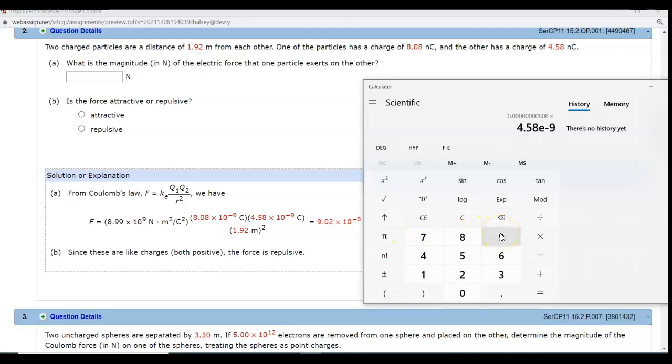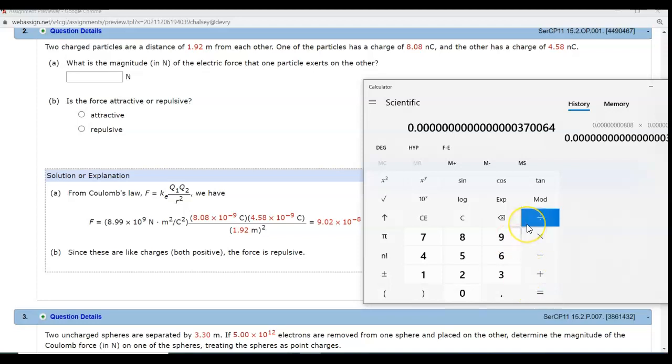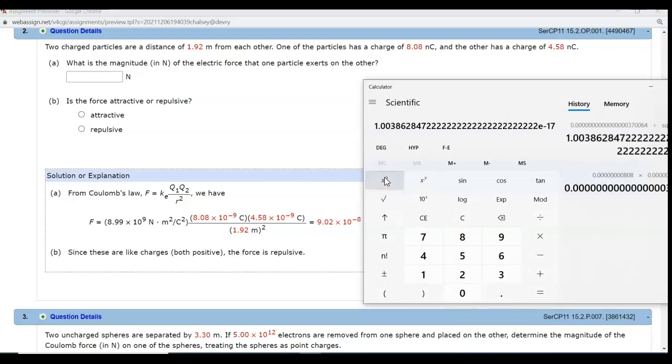Okay, and I'm going to get an answer for that, and divide that by 1.92 squared and get my answer for that. And then I'm going to multiply that by the KE of 8.99 with an exponent of 9.